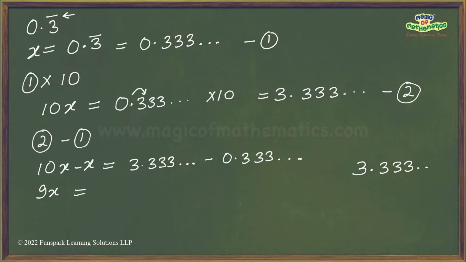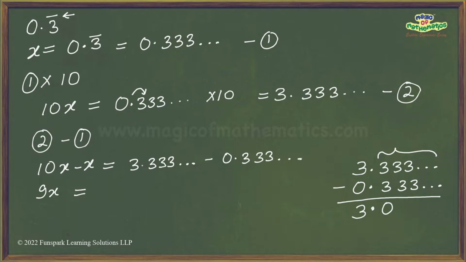10x minus x gives us 9x, and if we do 3.333 and so on minus 0.333 and so on, the digits after the decimal point are 3 repeating forever in both these numbers, and the sequence of repeating 3's nicely line up one below the other. So after the decimal point we will get 0, and before the decimal point we have 3 minus 0 which gives us 3.